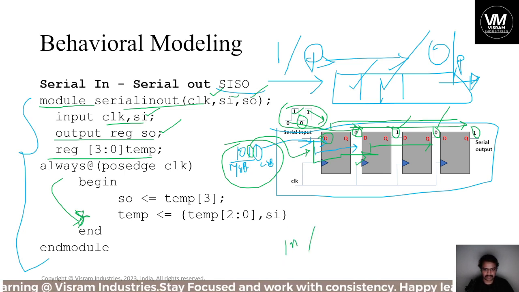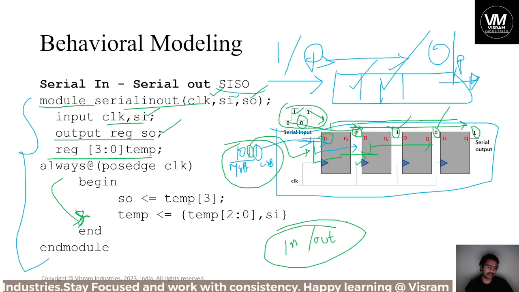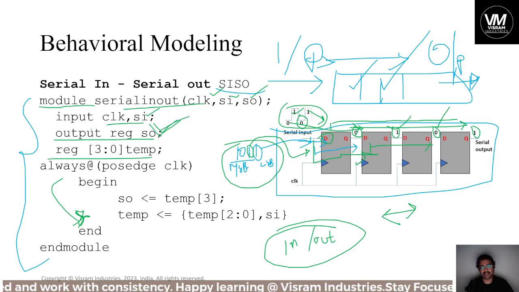In-out is bidirectional. So if you have declared a bidirectional wire or register, that representation cannot be used in the always block for the assignment of values.